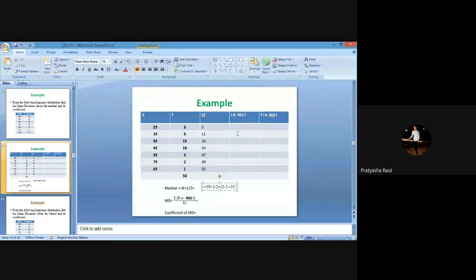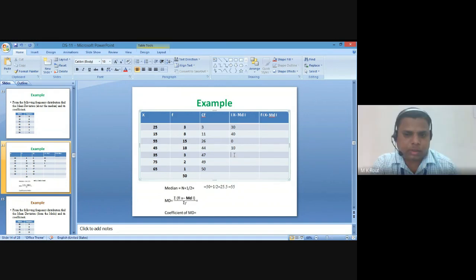What is the value for the first row? 25 minus 55 gives 30. The next one is 40. Next, 0. Next, 10.